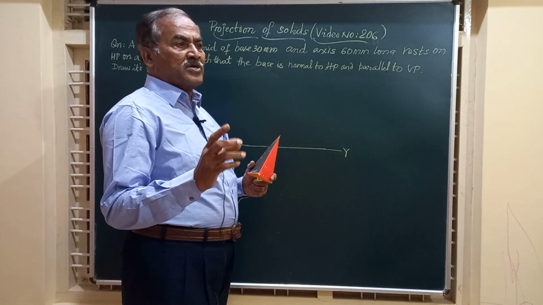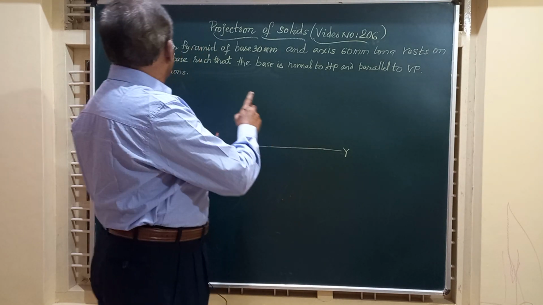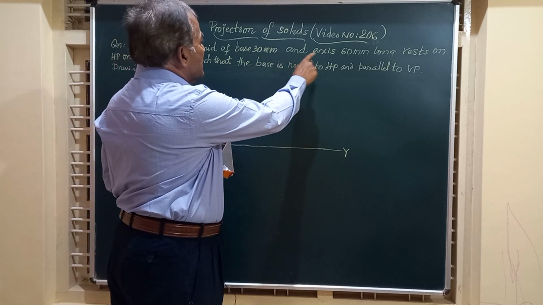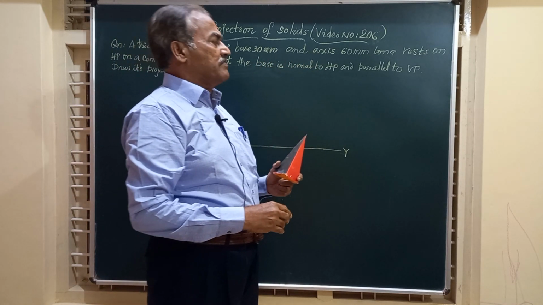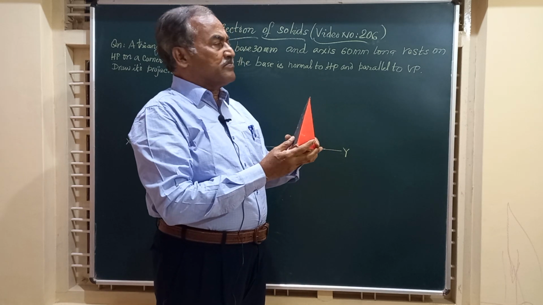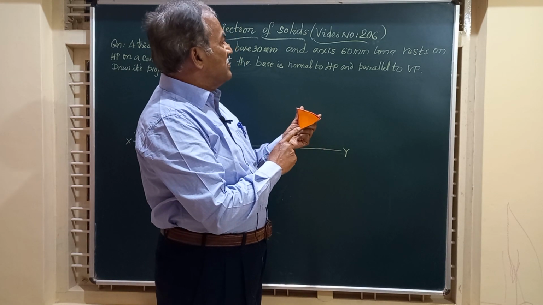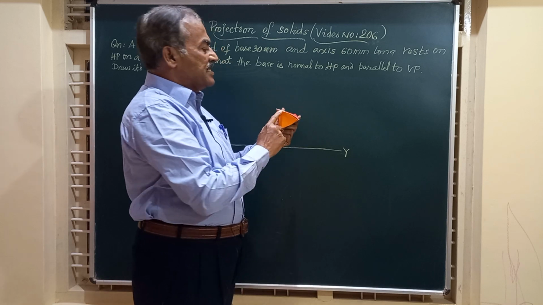So the question for today's video runs like this: a triangular pyramid of base 30 mm and axis 60 mm. So the problem has got a triangular base having 30 mm side.